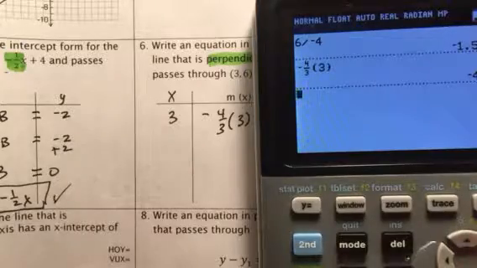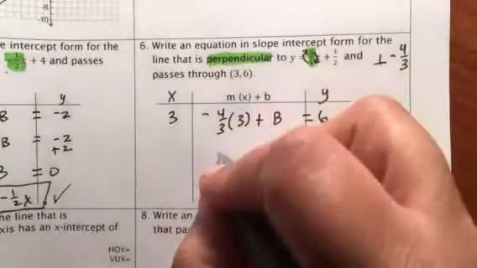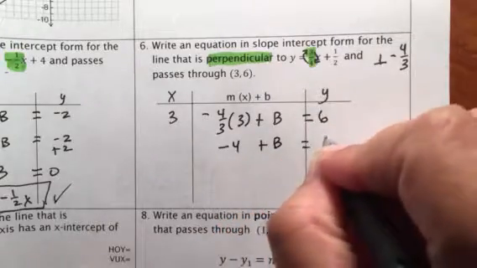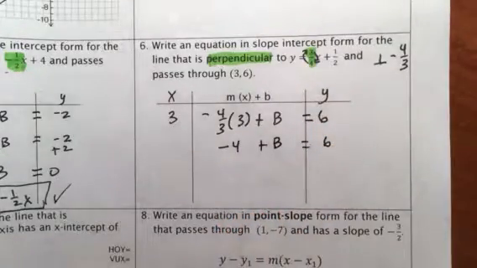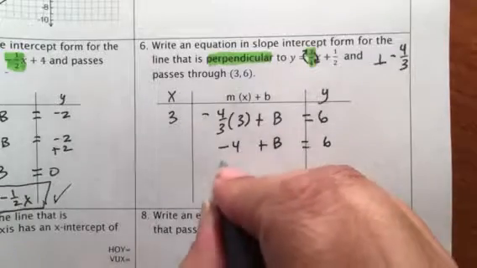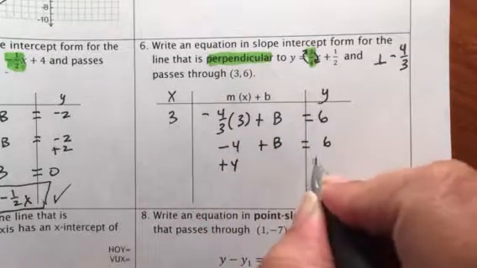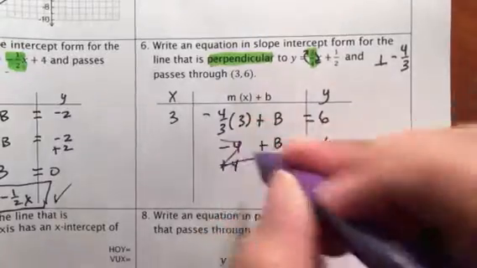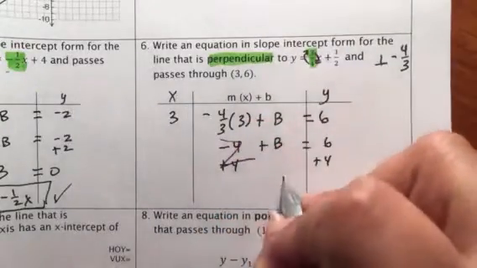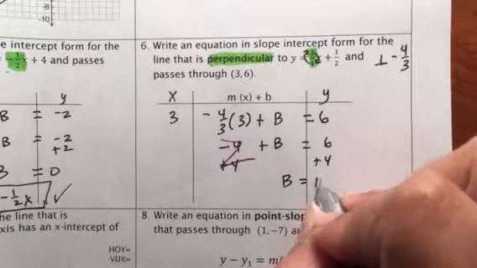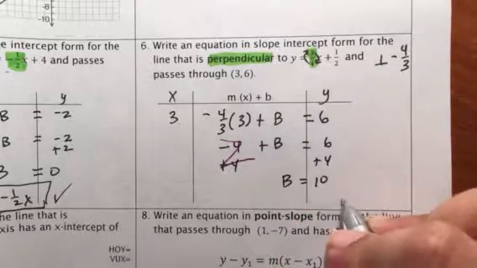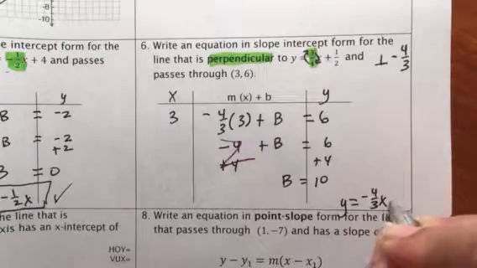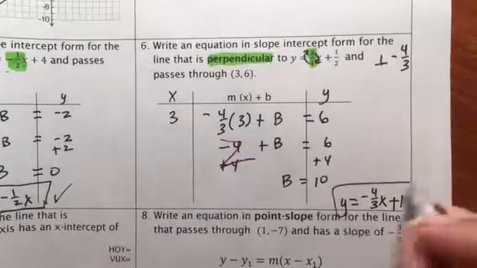So this is negative 4. So negative 4 plus b is equal to 6. So to get b by itself, I have to add 4 to both sides. So this will zero out, and b equals 10. So our equation is y equals negative 4/3 x plus 10.